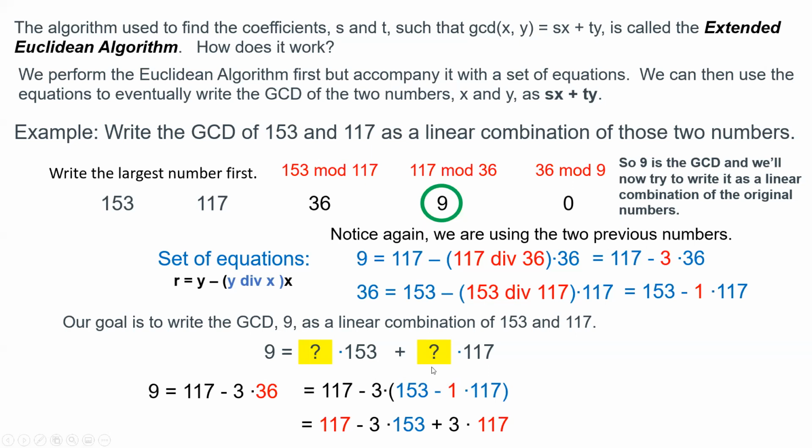So -3 times 153 and -3 times a -117. -3 times -1 is a +3. Does everybody see how we got to this? Okay, I'll take that as yes. But again, slow down at this one point because it'd be really easy to make a quick little mistake here.